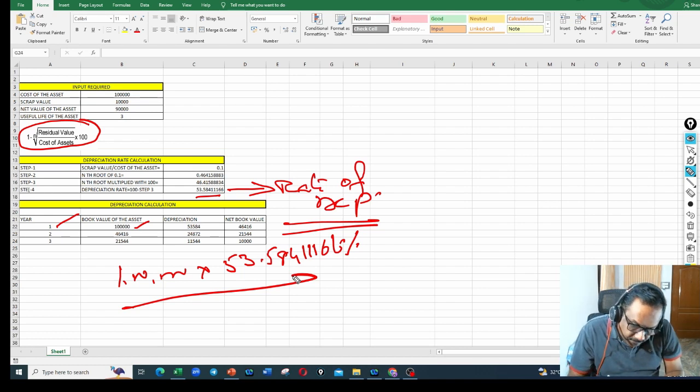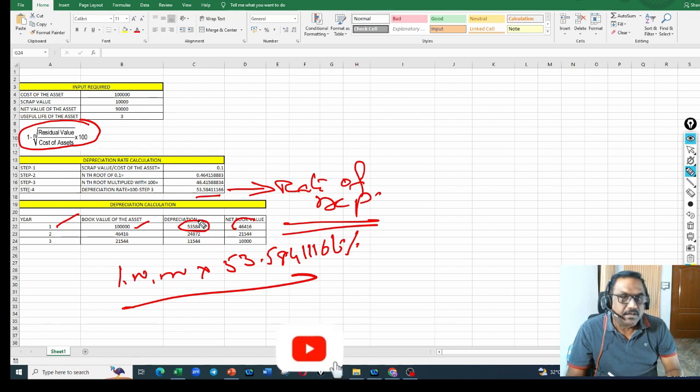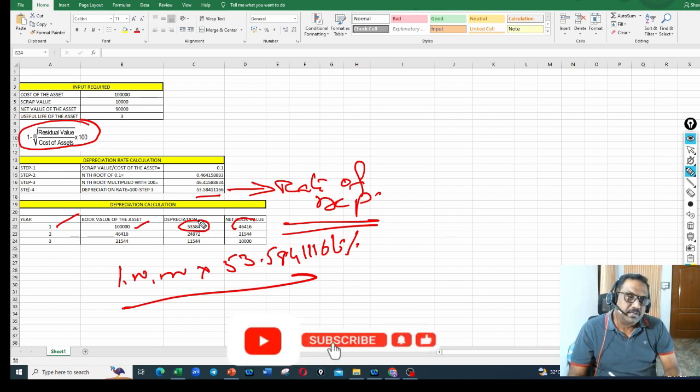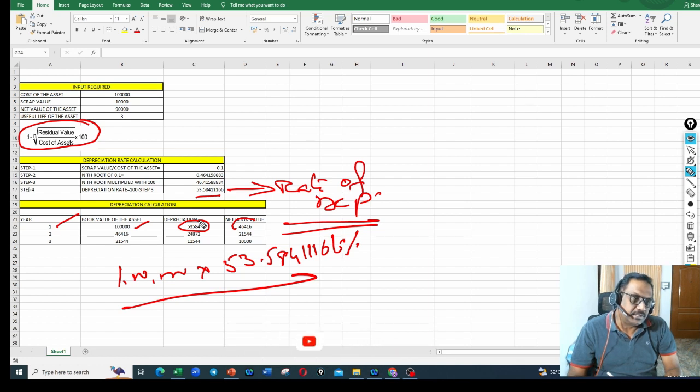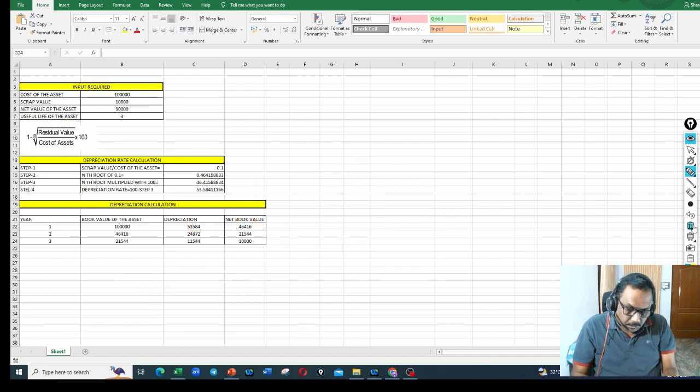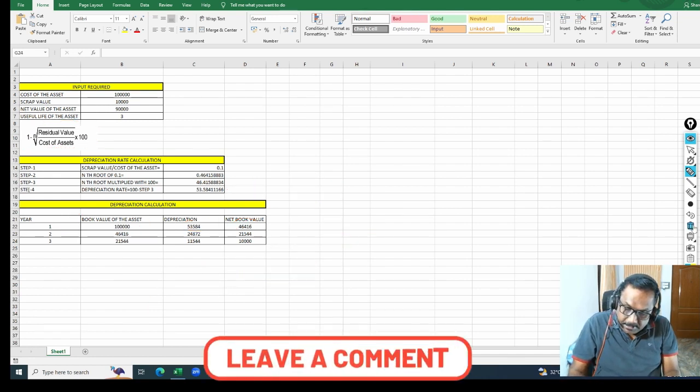You will get 53,584 as the depreciation. 1 lakh into 53.584 percent, this is the depreciation. So we calculated 53,584 as the depreciation.